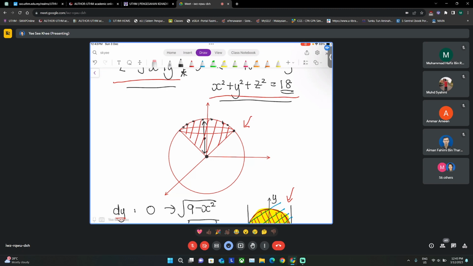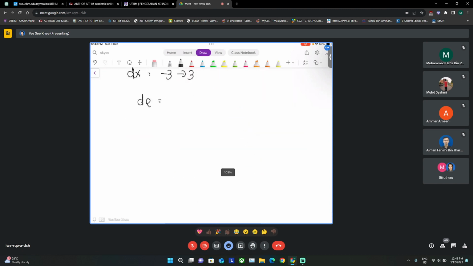Is that correct, 18? Almost correct already, but it's not 18. It is square root 18, right? Because the equation is a square. So square root 18.